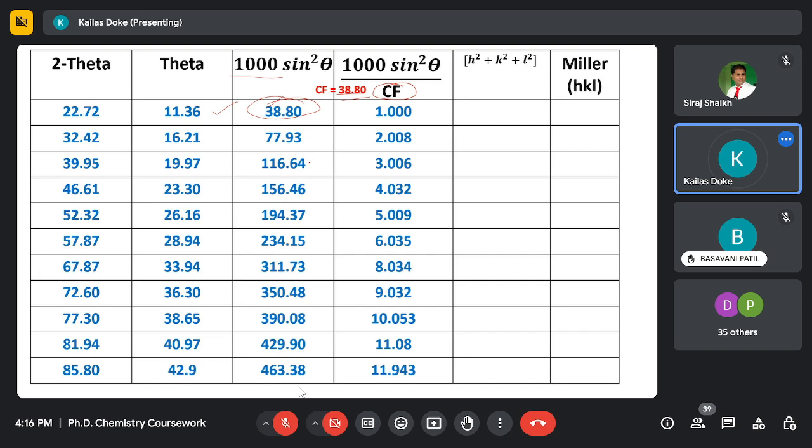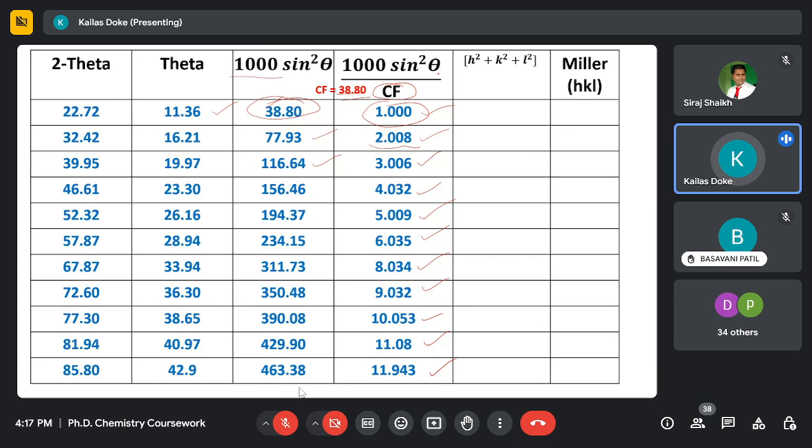So this 1000 sine square theta divided by the common factor is nothing but the values close to 4 sine square theta divided by lambda square, and as I showed in the previous slide, which is close to h square plus k square plus l square.